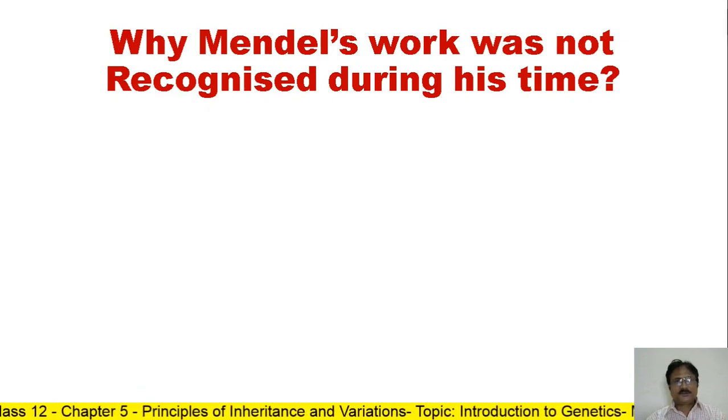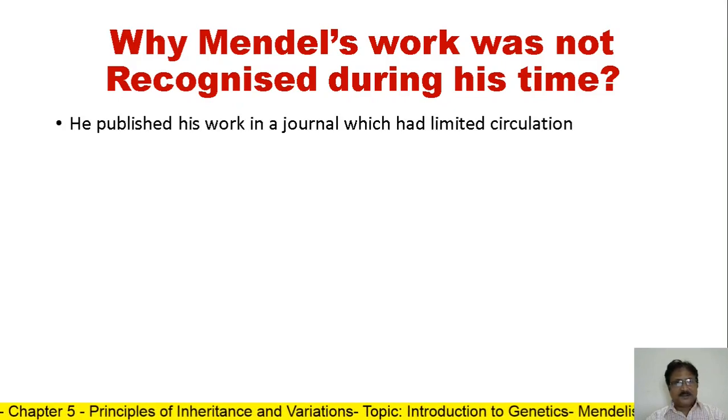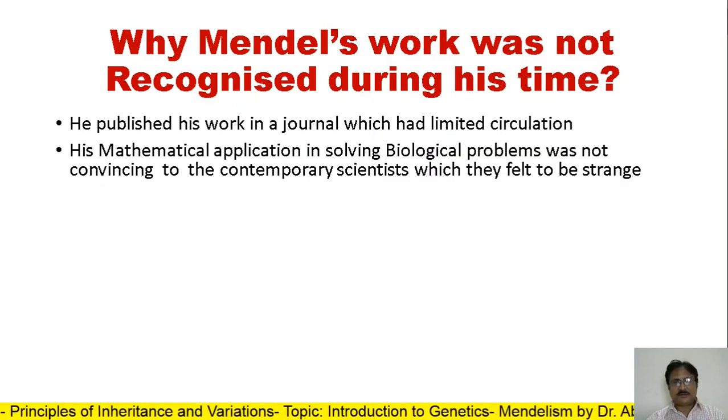Now the question is, why was Mendel's work not recognized during his time? Actually, certain problems were found. He published his work in a journal which had limited circulation, due to which most of the people were not aware of his work. Secondly, his mathematical approach in solving biological problems was not convincing to the contemporary scientists.